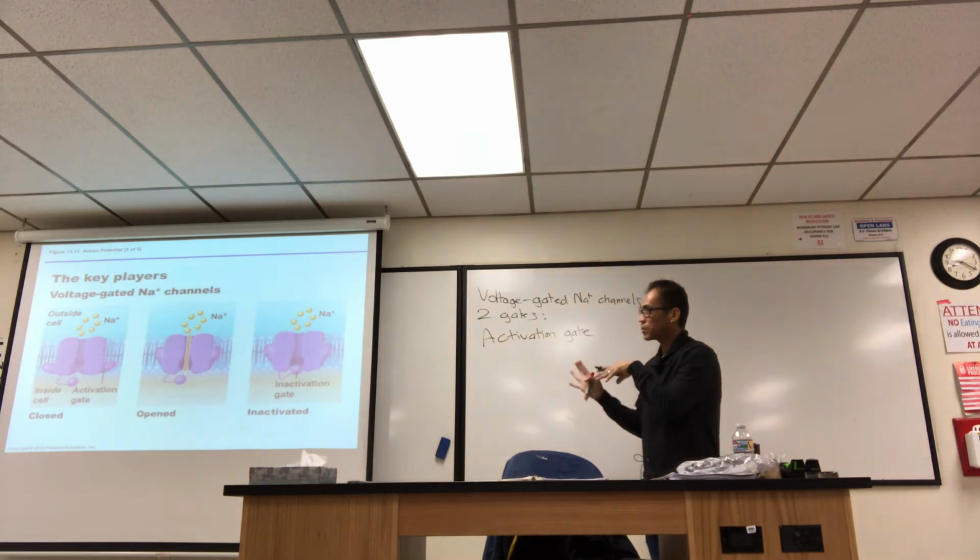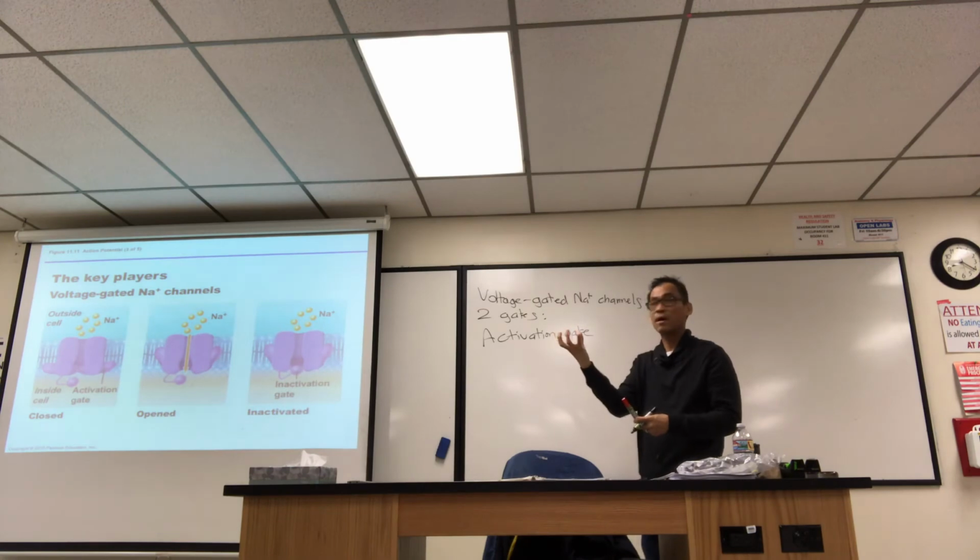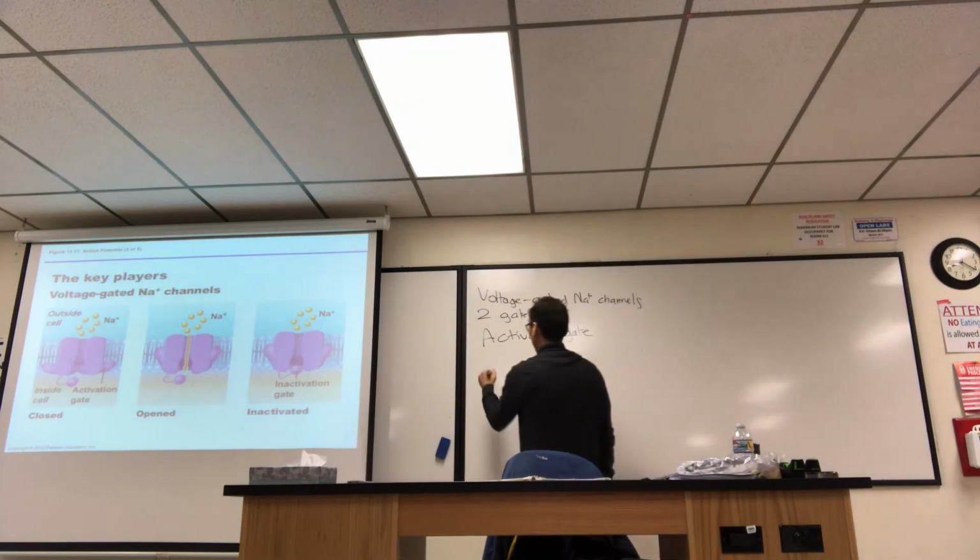These pictures are based on models that people have put out of what they think these things look like. The ball and chain for the inactivation gate is pretty accurate. It's like a little globular protein that kind of plugs it.